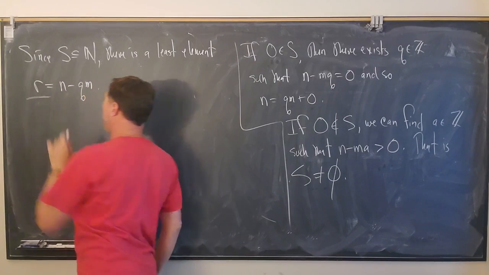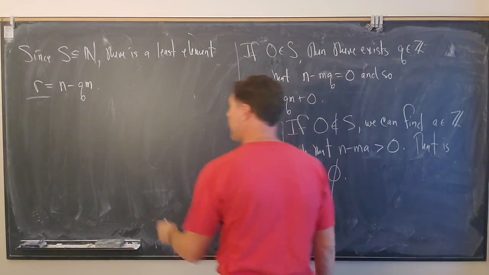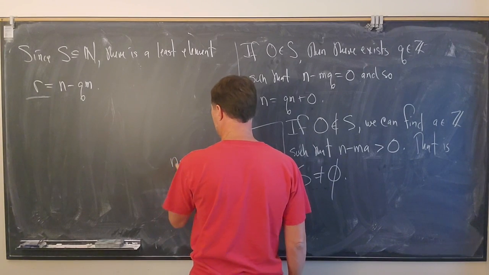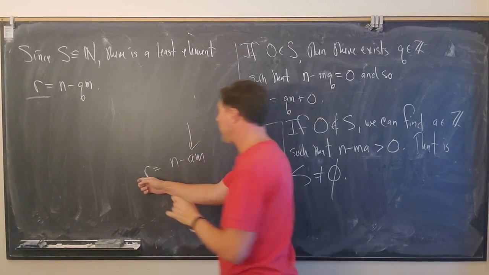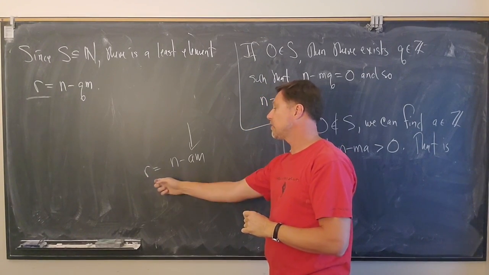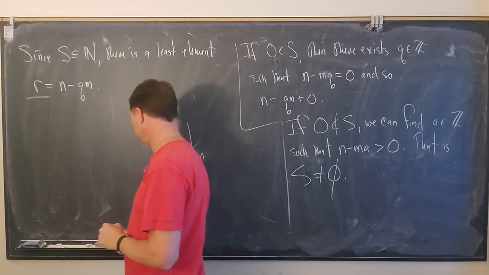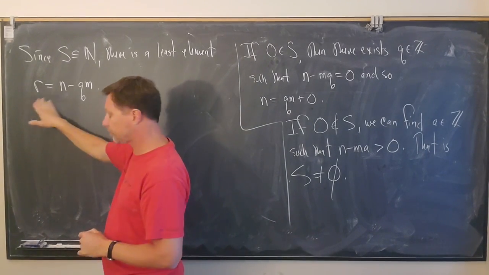Its name is r. All elements of S are of the form n minus a times m, and I'm just saying the a that gives us r, let's call that q. All right, so q is the integer that makes this equation true.